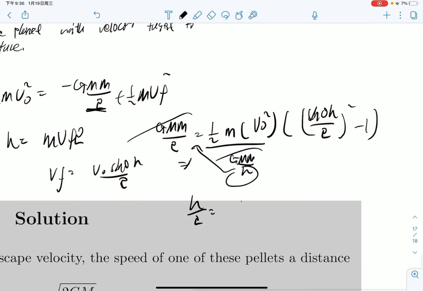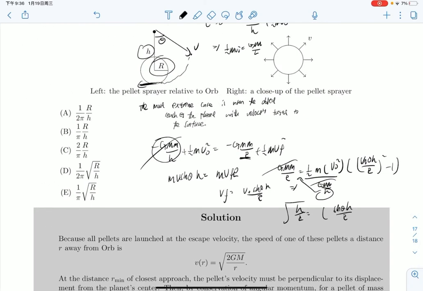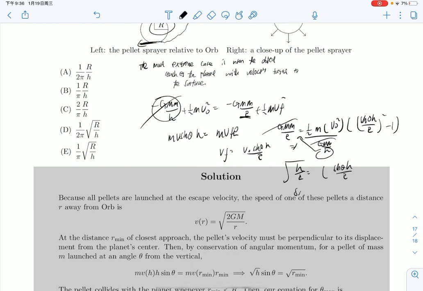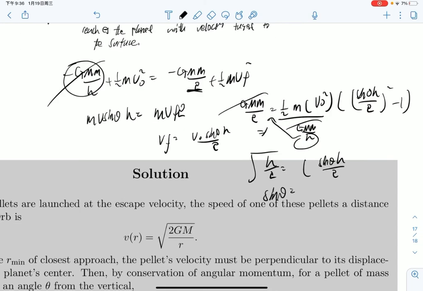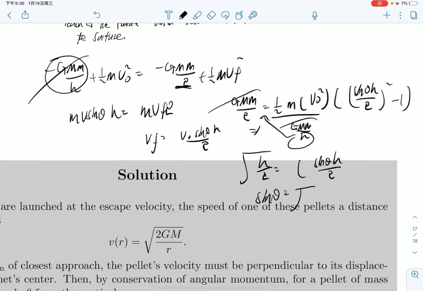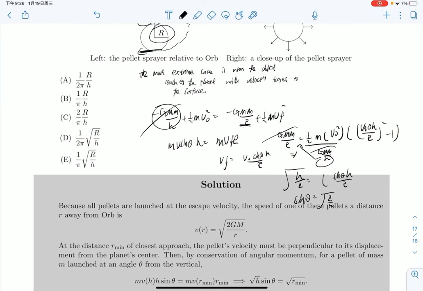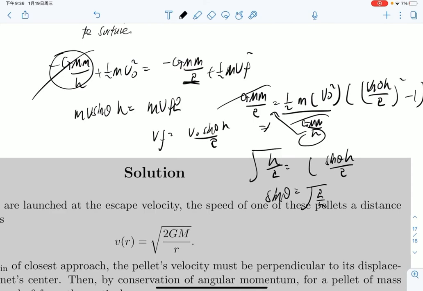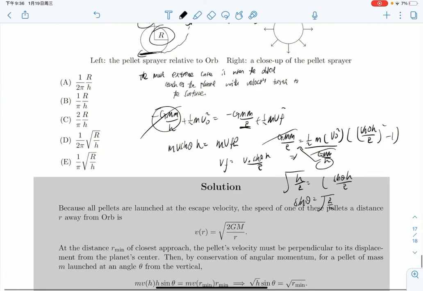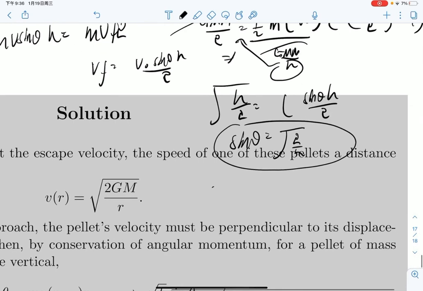This is equal to sine theta h over r, and now you have sine theta is approximately r over h, right? And this angle is really small. So basically theta is approximately r divided by h.